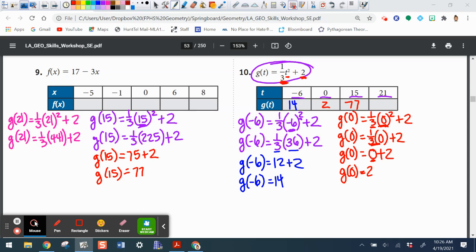And then we need to take 441 and take 1/3 of it. 1/3 of 441 is none other than 147. And then last but not least, we need to add 2. So g of 21 is 149. So that is our final output given this table and this function.